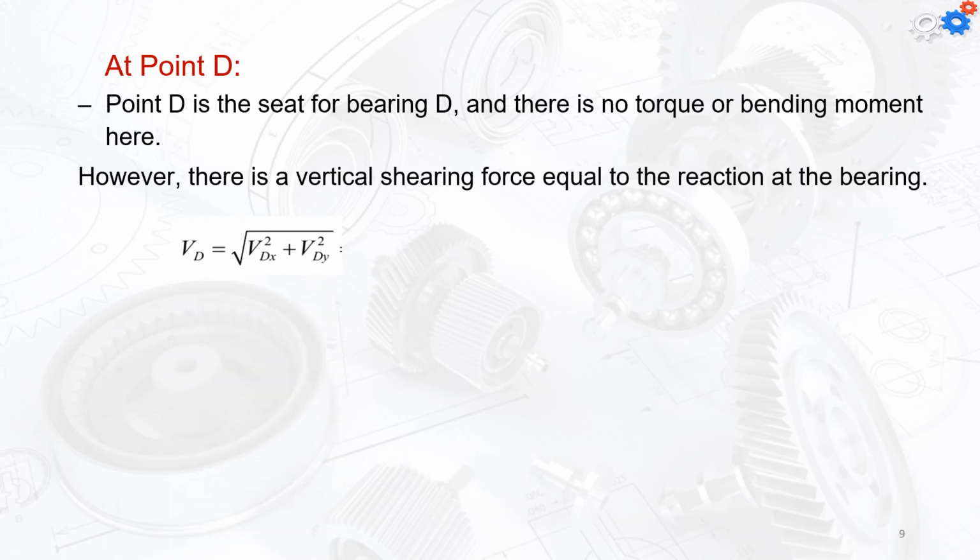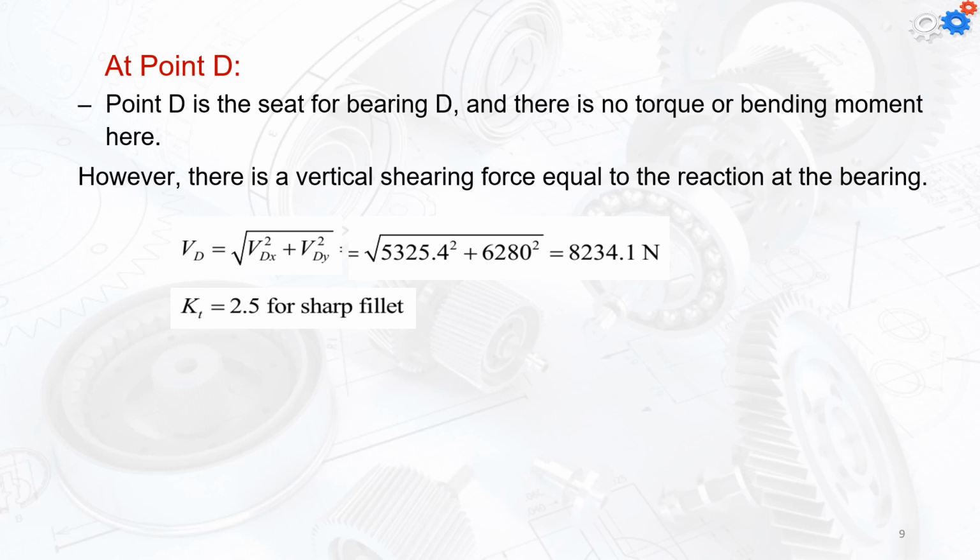So we are going to use the equation that VD is equal to the shear forces we are going to have in both the X plane and the Y plane. So I can find the magnitude, and it's going to be equal to 8,234.1 Newton.